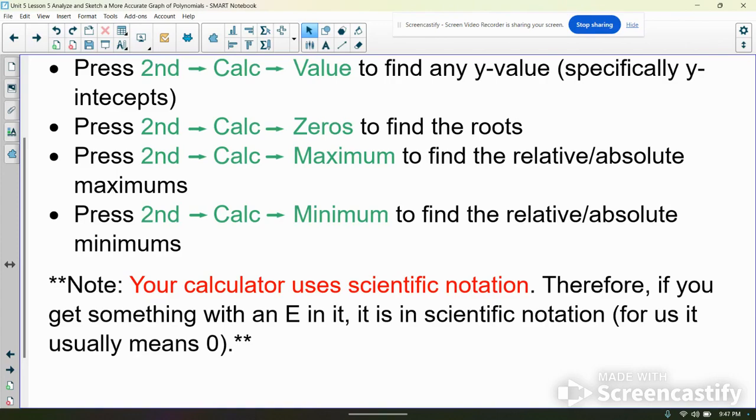Sometimes your calculator overcalculates and is a little bit too specific, meaning you get some answers that are -2 times e to the -10, which is just scientific notation for a really small number, which just means it's 0. So don't confuse yourself. If it's -2 e to the -10, it is not a value of -2. It's actually a value of 0.